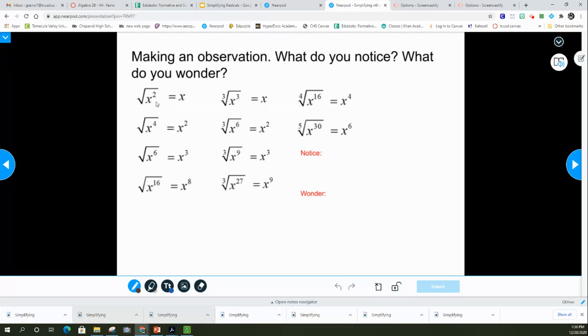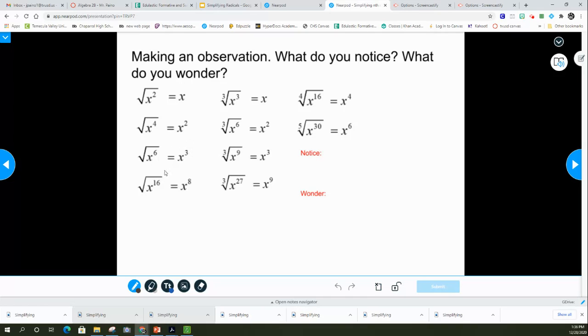All right, so right here we have the square root of x squared equals x. Okay, square root of x to the fourth equals x squared. Again, you're asking yourself, what variable times itself equals x squared? So x times x is x squared. So the root of x squared is just x, right? And then x cubed times x cubed would be x to the 6. Remember our properties of exponents, right?